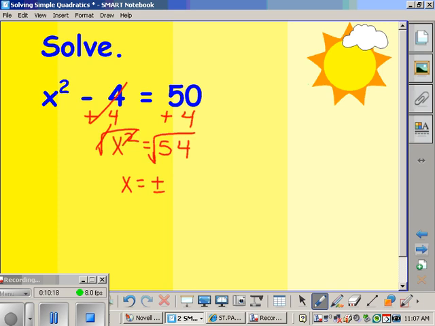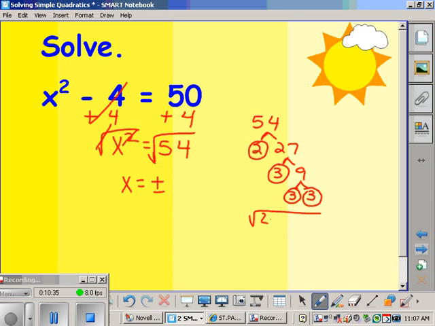What you need to do is make sure that 54 can't be broken down any further using a factor tree. So you could break it down into 2 and 27, 3 and 9, and 3 and 3. So we would have a 2, a 3, a 3, and a 3.